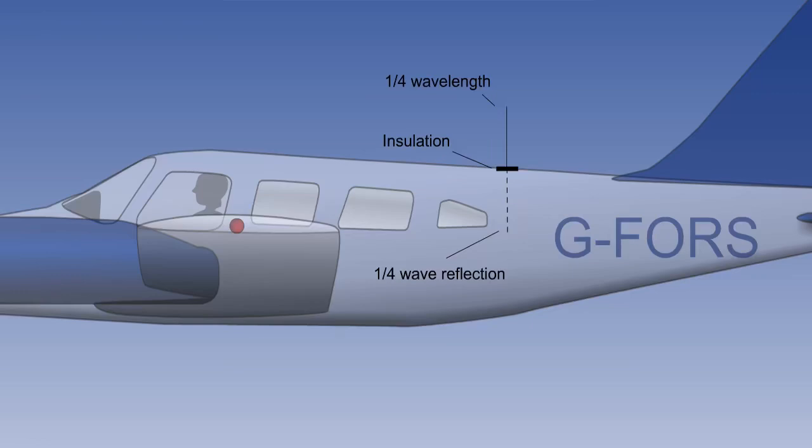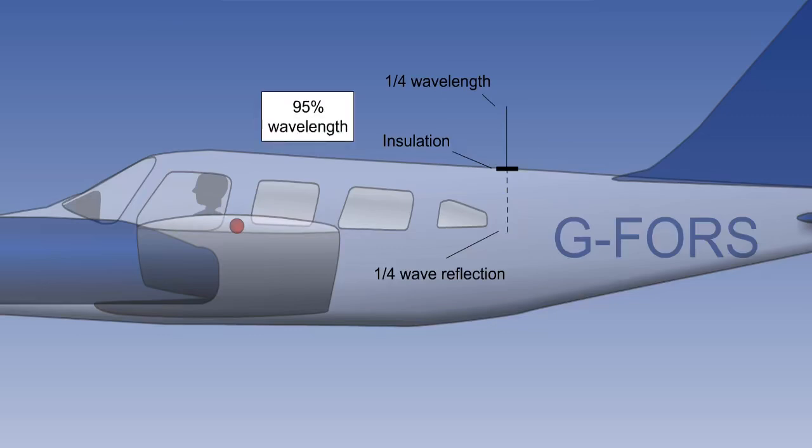The other type of communication antenna we'll look at here is the quarter wave or Marconi antenna. By placing a quarter-length antenna on, but isolated from, a metal surface, such as an aircraft skin, the metal surface acts as a reflector, and so the antenna size only needs to be a quarter of the wavelength.